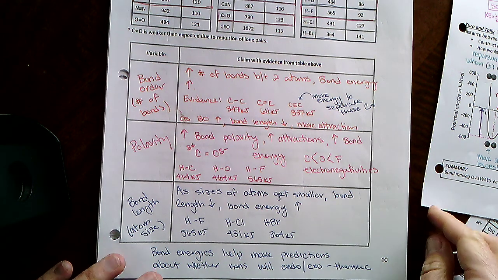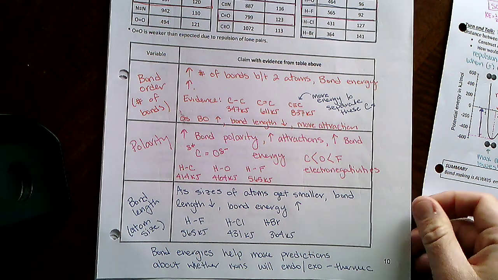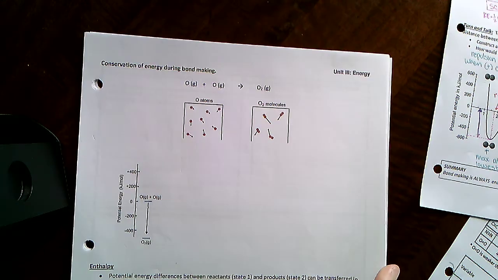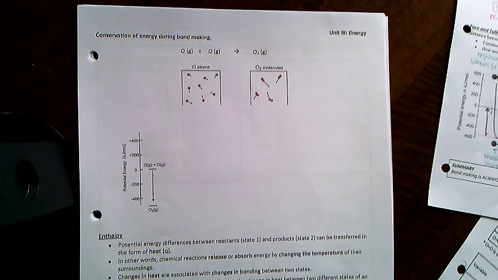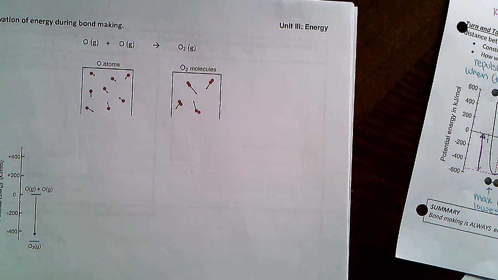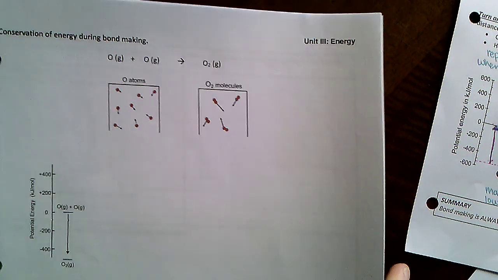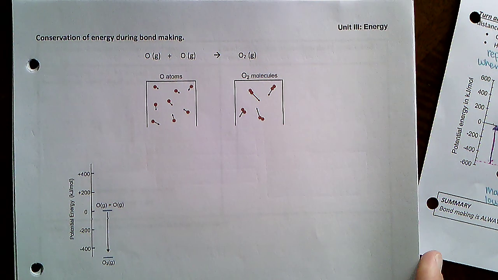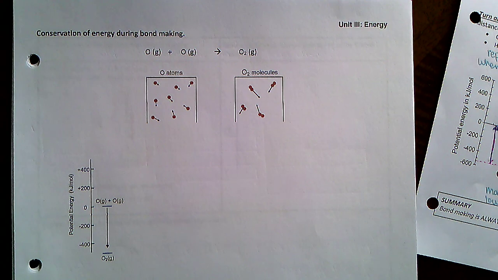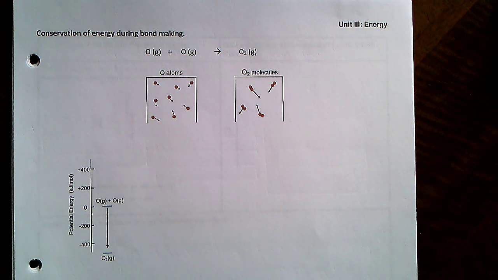And we'll be talking more about that in the next lecture. Okay, so I want us to think overall. We've talked about changes in potential energy, but energy overall has to be conserved in a chemical reaction. So we better start thinking about if potential energy is decreasing, what's then happening to kinetic energy?